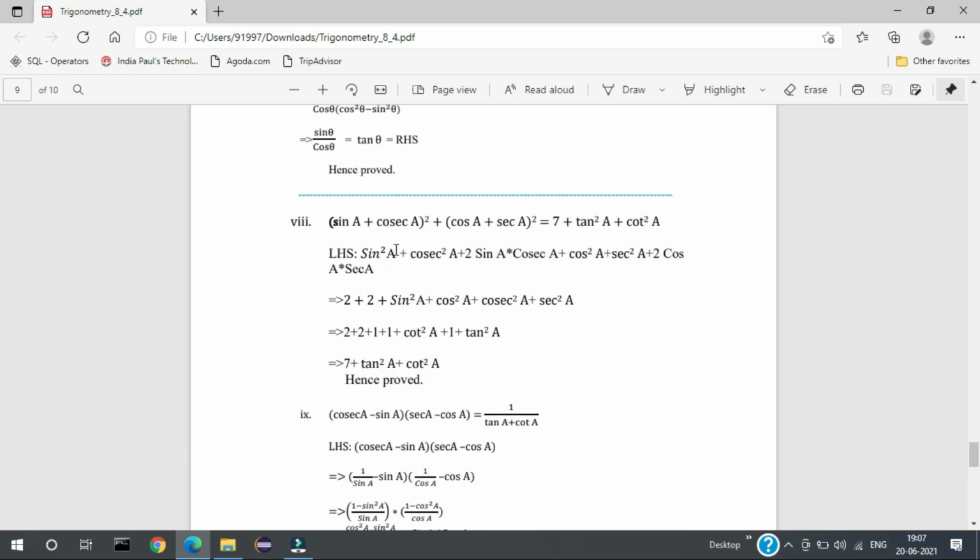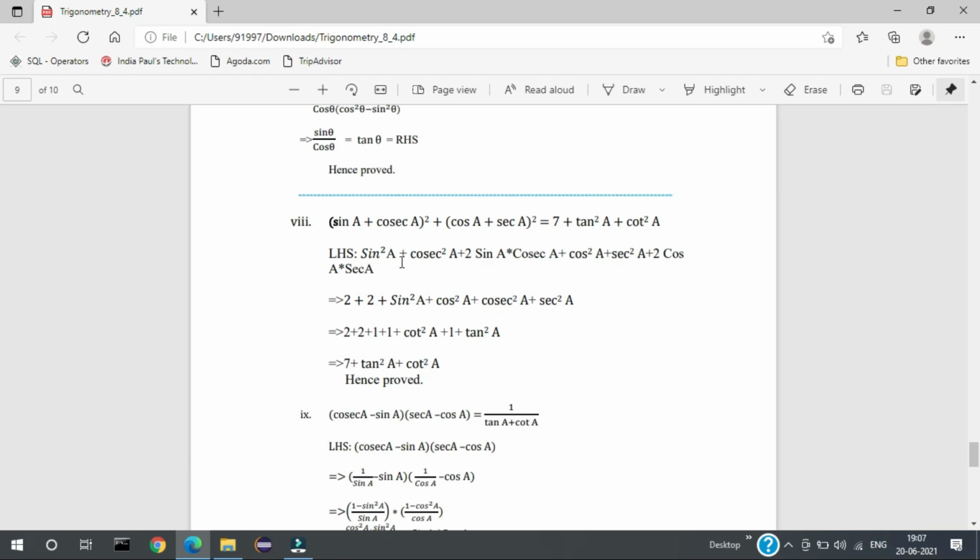So sin square A plus cosecant square A plus 2 sin A into cosecant A, plus cos square A plus secant square A plus 2 cos A secant A.